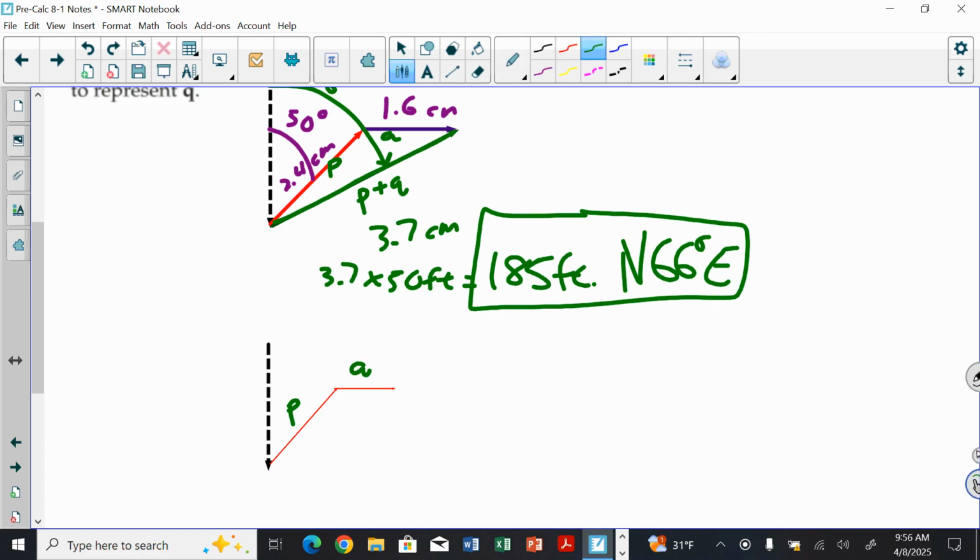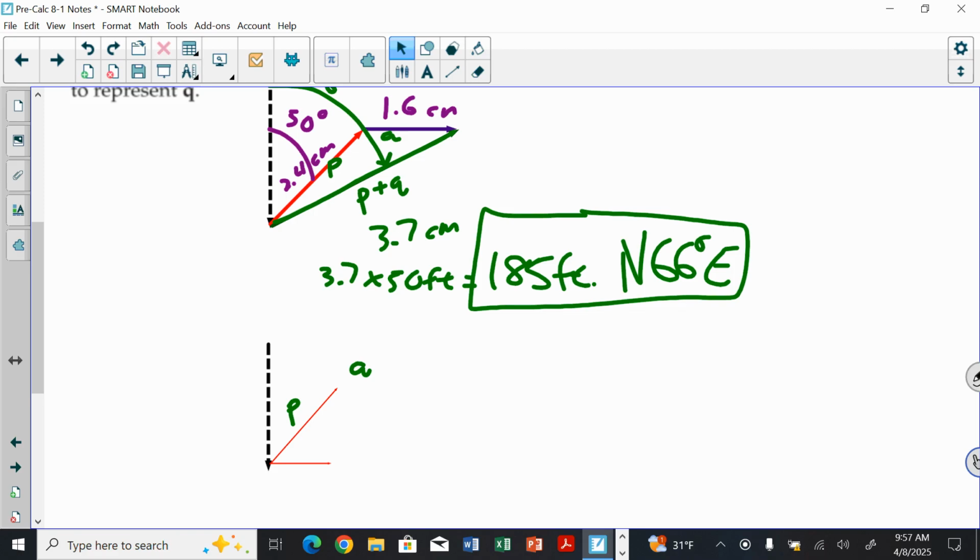Now to do the parallelogram, I'm going to do another one of these. This one is a little bit different. Oh, I'm sorry, this one actually has to come down here. Yep, Q would come down there because the parallelogram is tail to tail. So now I do that.